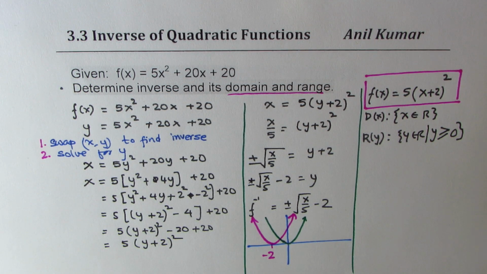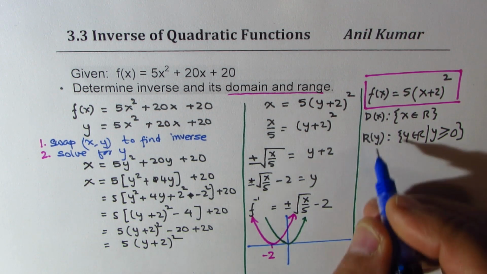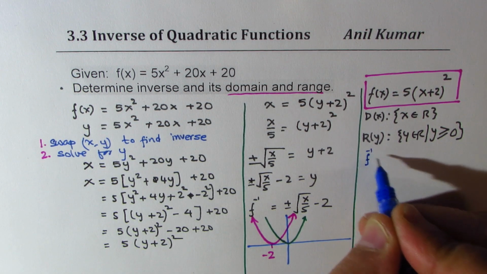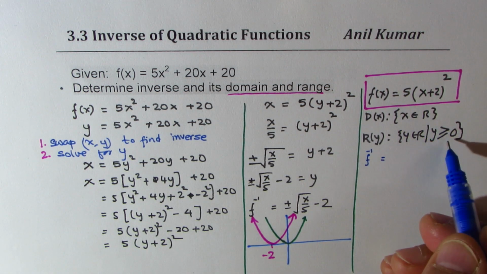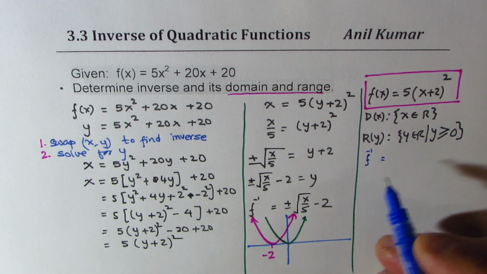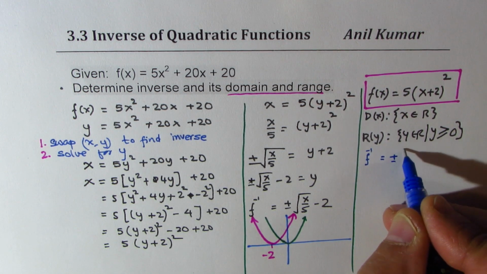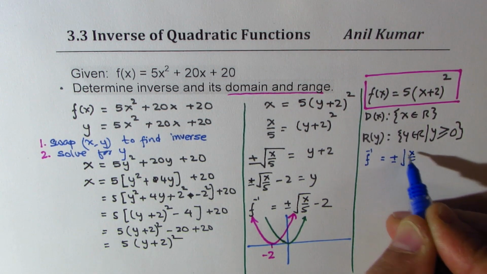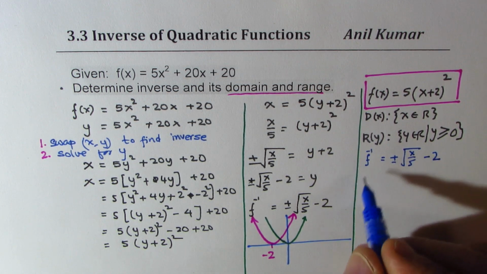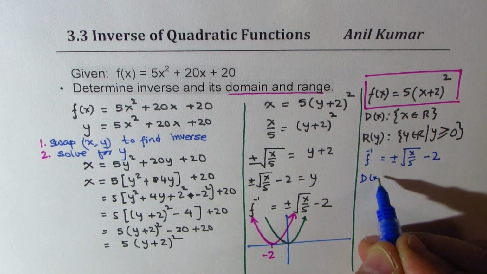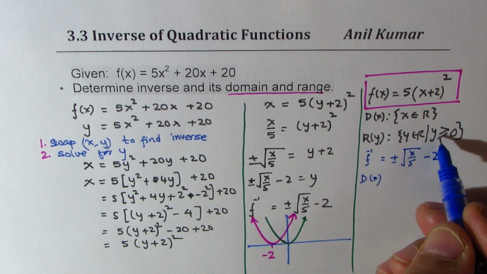As far as the inverse is concerned, what do we have for that? We did get the expression for the inverse, which is f inverse equal to plus or minus the square root of x over 5, minus 2, correct? In this particular case, the domain has now become what was the range.